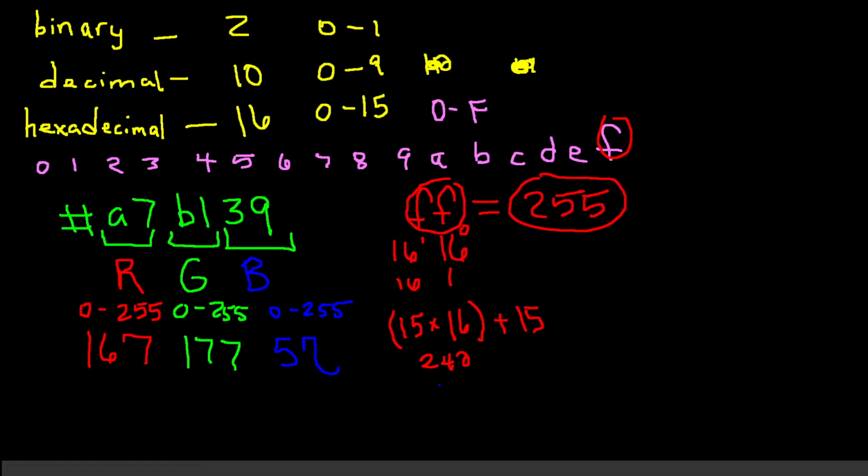And so when we start to do this, we start to mix colors together. If we mix equal parts of red and green, for example, 255 red, so that would be FF red, 255 green, FF green, and no blue, so that would be 00, that's going to give us yellow.